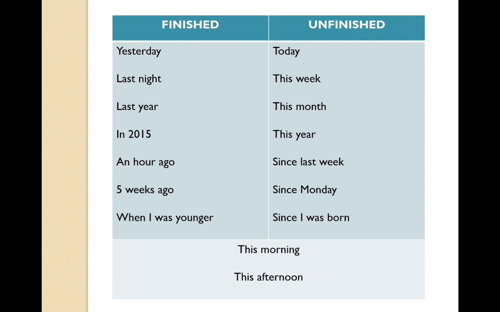Examples of unfinished time: today, this week, this month, this year, since last week, since Monday, since I was born. So since is always used with unfinished time, and this generally means unfinished time, but it can be finished depending on the time of day. So this morning and this afternoon can be both finished and unfinished, depending what time it is when you are speaking. Let's look at this in more detail.